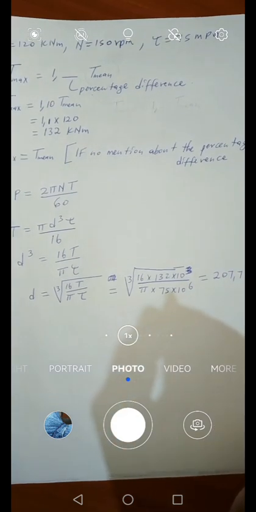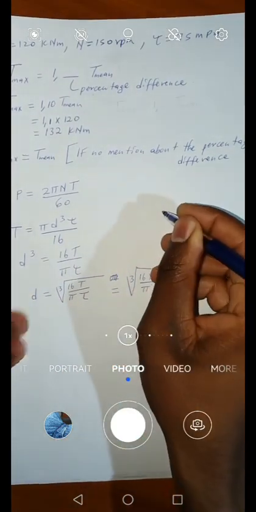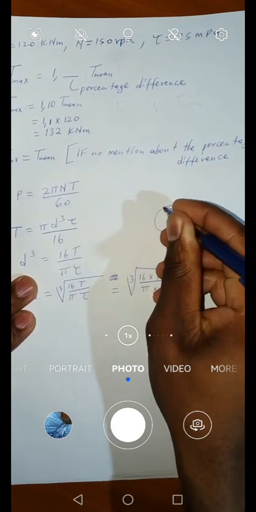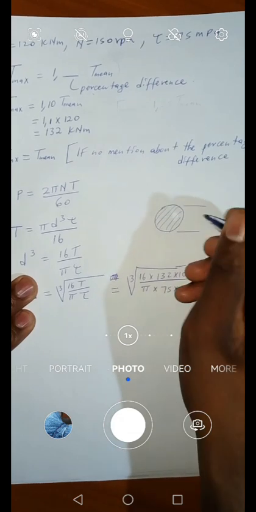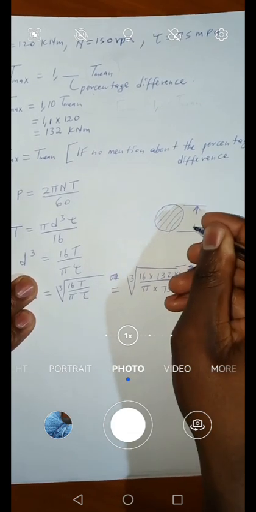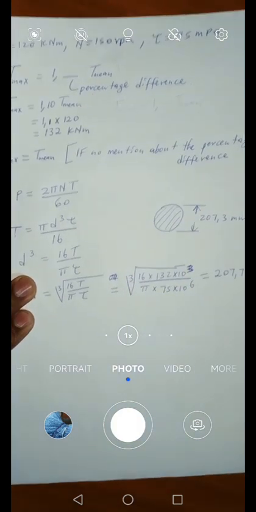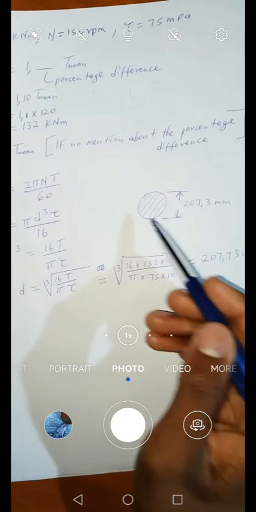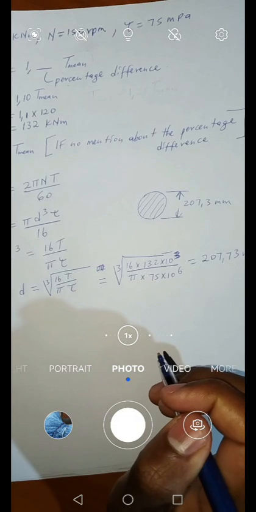So from 9.1, the solid shaft that we are going to use will have this size, 207.73 millimeter. So now we're going to replace this solid shaft with a hollow shaft.